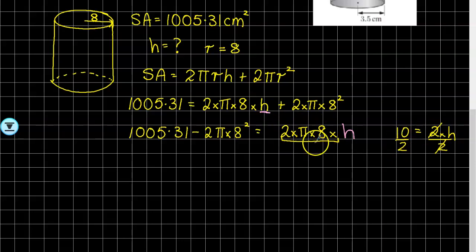Here, it's not a simple 2. It's that whole times pi times 8, but I can get rid of it and divide the whole thing. So I can do this. I can go 1005.31 minus 2 times pi times 8 squared, and I'm going to divide the whole thing by that.